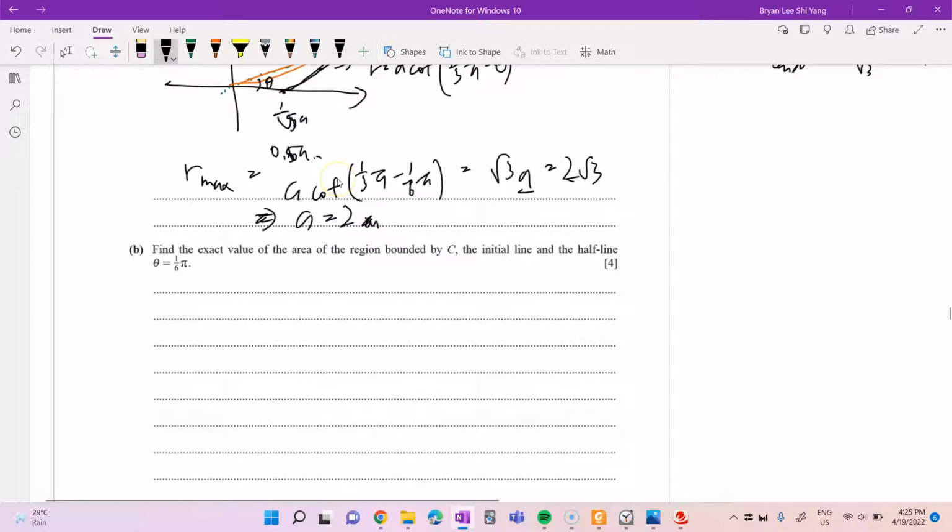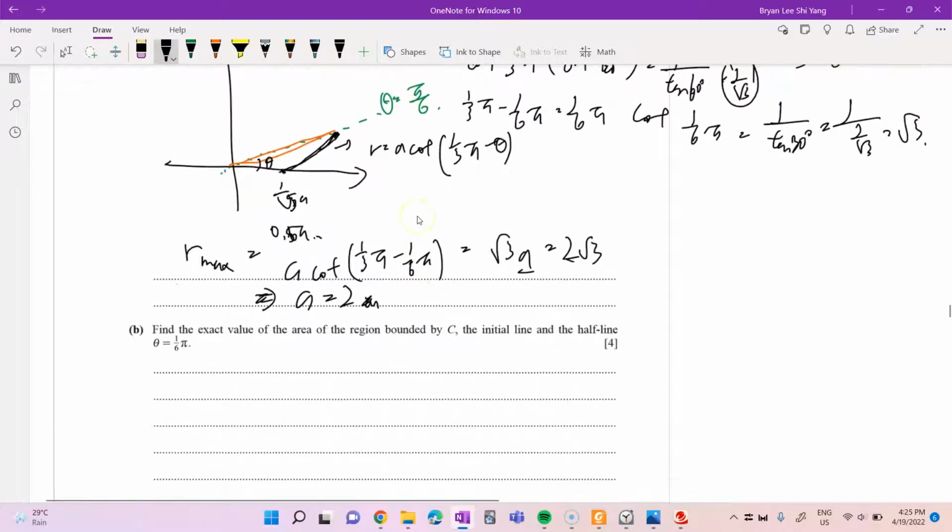Now, find the exact value of the area of the region bounded by C, the initial line and the half line θ equals π/6. So the area that we're finding is this one, right?